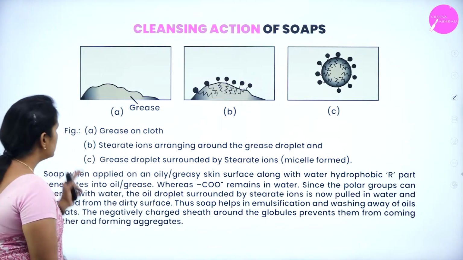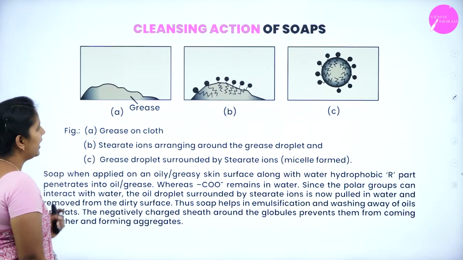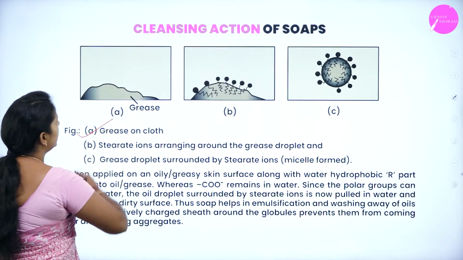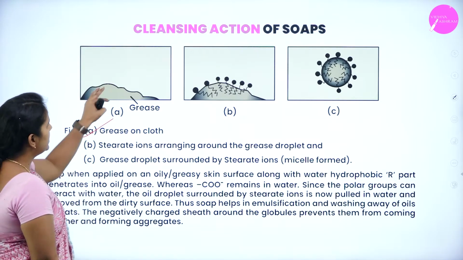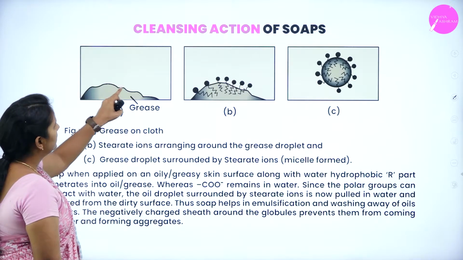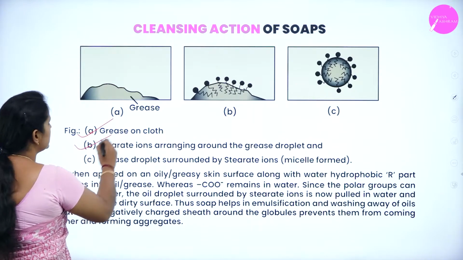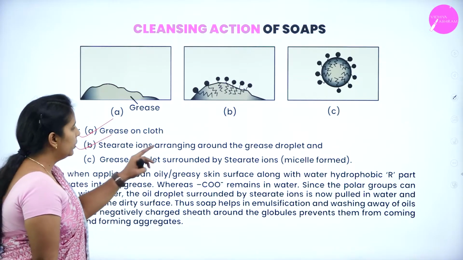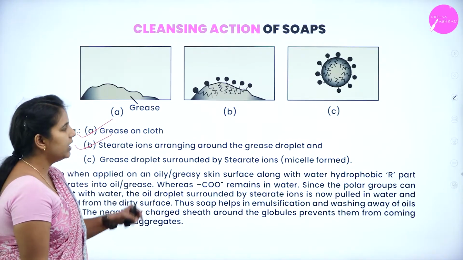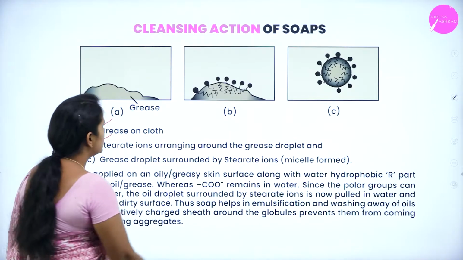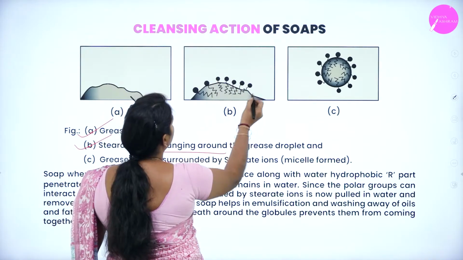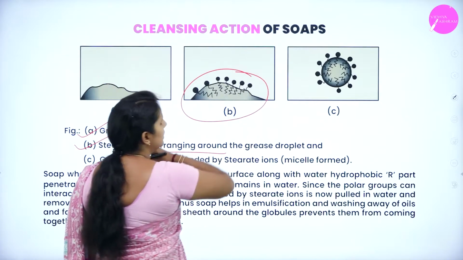Okay. So this is a picture, A, which shows the grease on the cloth. The second picture shows the stearate ions arranging around the grease droplet.